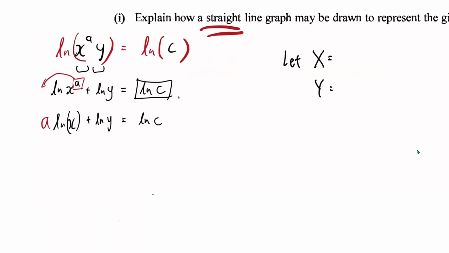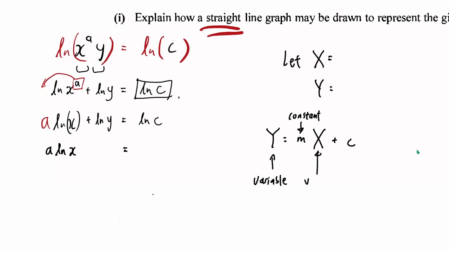Bring down ln y to the right hand side. Remember, we need y equals mx plus c. Variable equals constant coefficient multiplied by a variable plus a constant. That's the format we need.